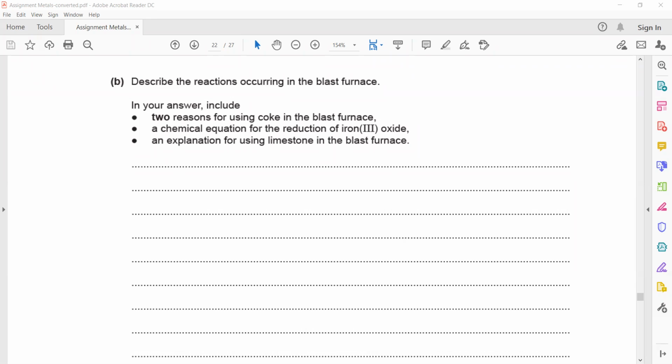And what is the second reason? Not carbon dioxide. Yes, to produce carbon monoxide.